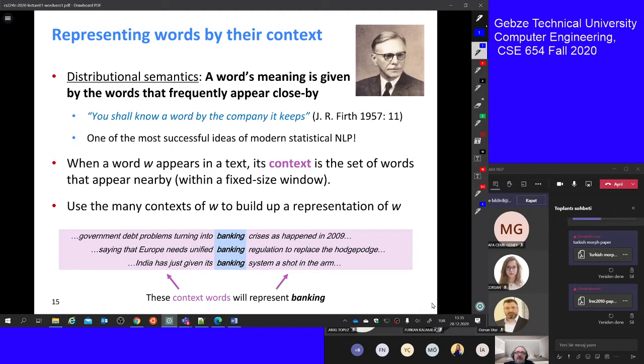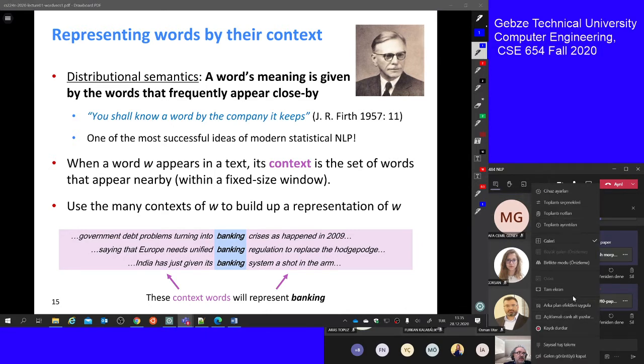What is the probability of seeing these two words together? If we can explain this probability, then we are in a position to talk about language modeling, and we are in a position to talk about the words.